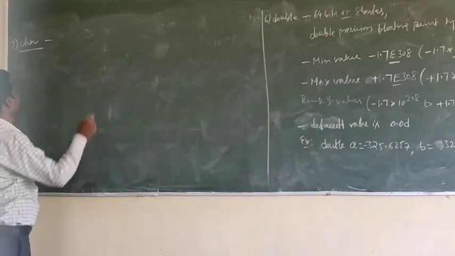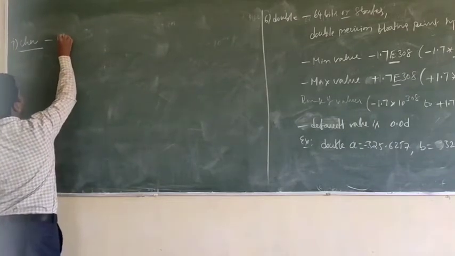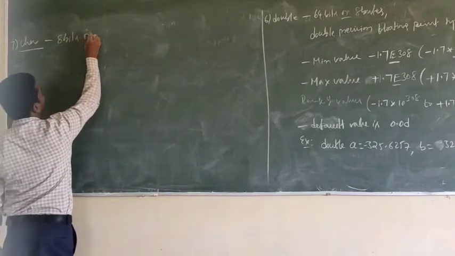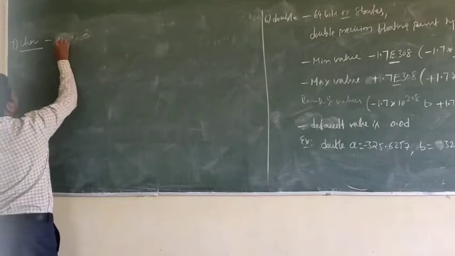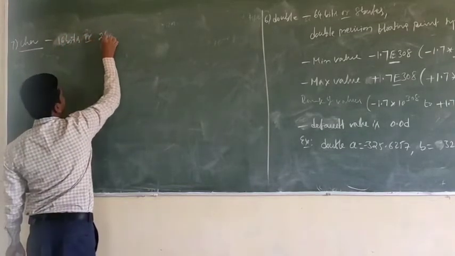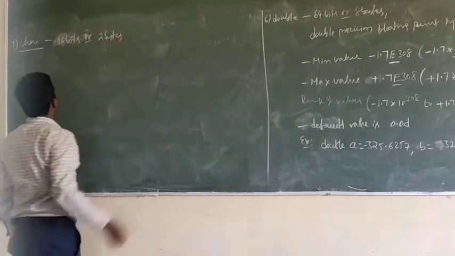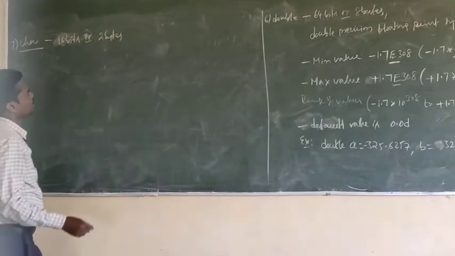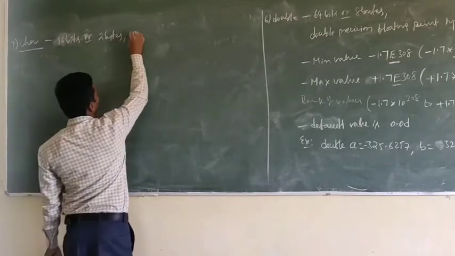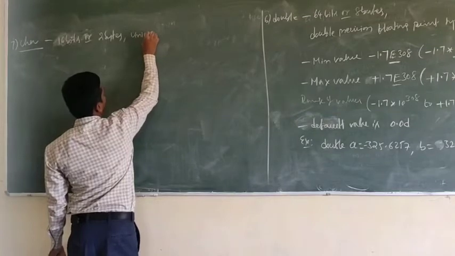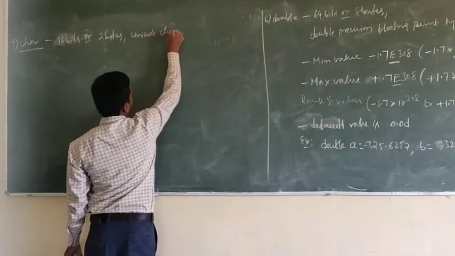So the character type's size is 16 bits or 2 bytes. It can store 16 bits or 2 bytes of information, and it is a Unicode character type.